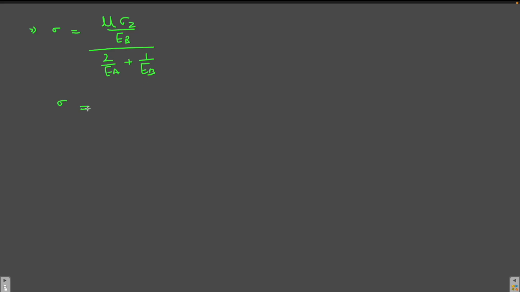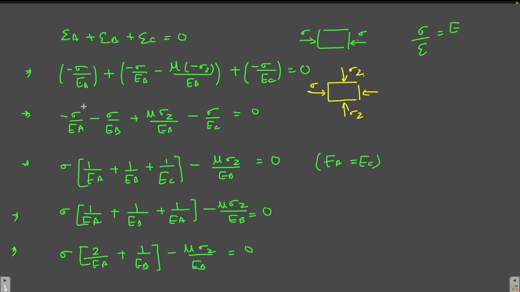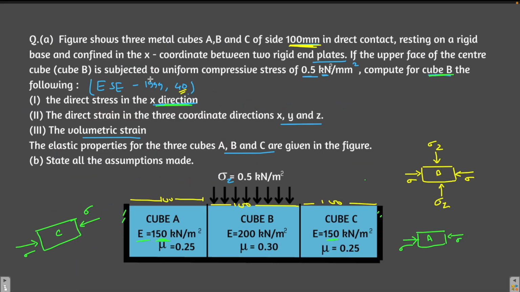So sigma will be how much? What is the value of mu given to you? This is mu B. We are putting it for the second cube, right? So it will be mu B. What is the value of mu B given to you?